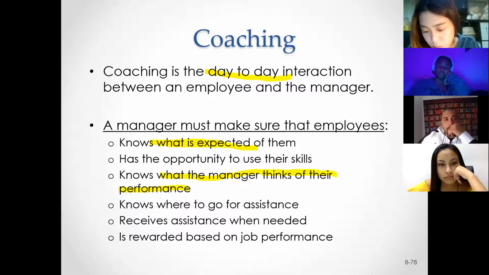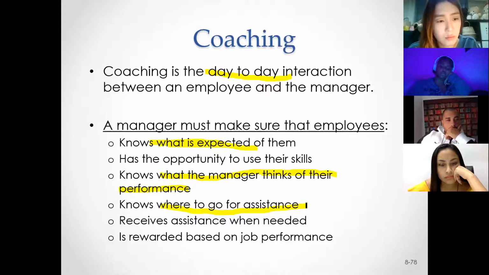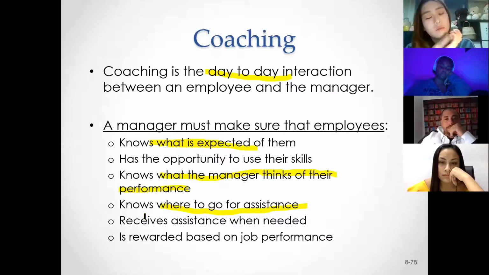That's the manager's fault. Employees should know where to go for assistance if there's a problem. You can't always talk to the manager, either because the problem is about the manager or because the manager is not available. You need to make sure that the employees actually do receive assistance. And then also that their reward is based on job performance.